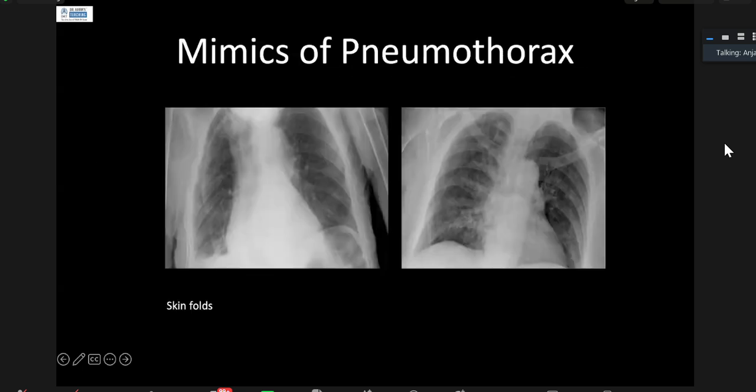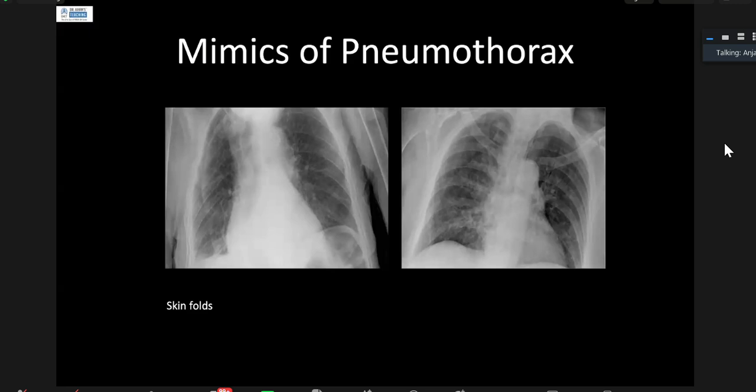Now, we have certain mimics of pneumothorax, certain conditions which will mimic pneumothorax and can create confusion. Like I discussed when we started, any density or any opacity or a lucency on an X-ray has an explanation.